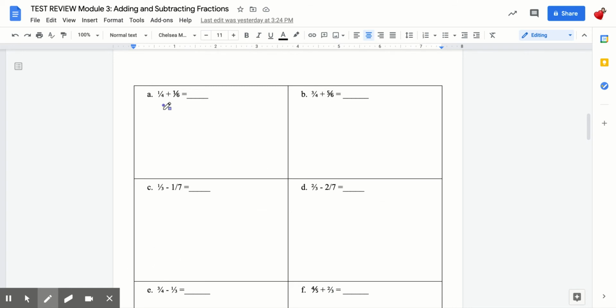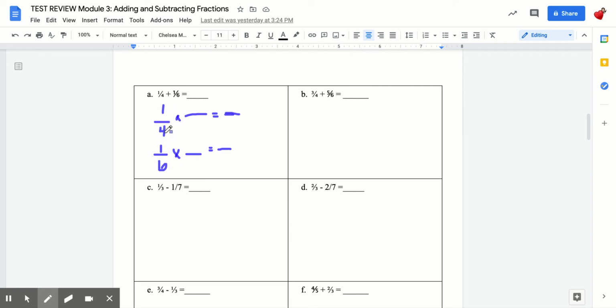So if we do A, 1/4 plus 1/6, we need to make like units. So we need to multiply both of these numbers by something so that we have our fractions with the same denominators. Well, let's think about fourths and sixths.